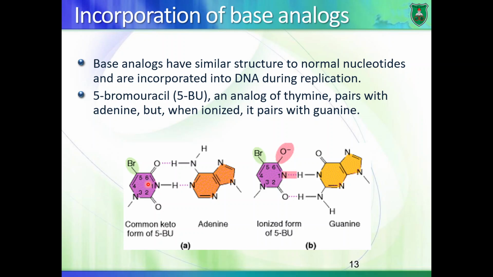Okay, and the DNA polymerase would think that it is a cytosine because it's ionized, and it would place a guanine across of the ionized 5-bromouracil. So instead of having AT, you would have GC. Okay.